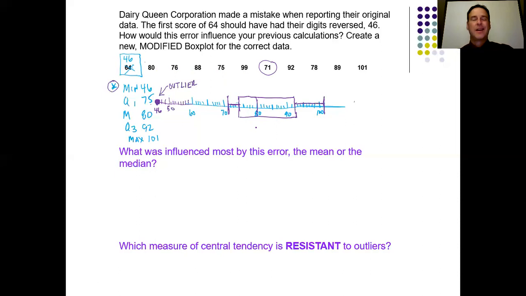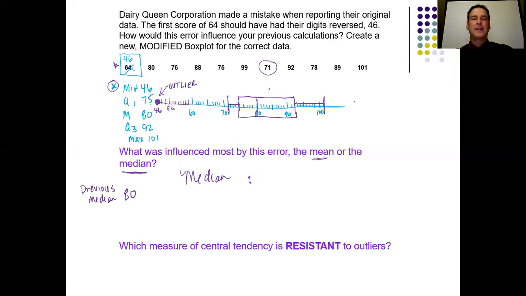So, what does this mean? What was influenced most by this error? Is it the mean or is it the median? Let's look at the median first. My median from the previous slide, I think it was 80.